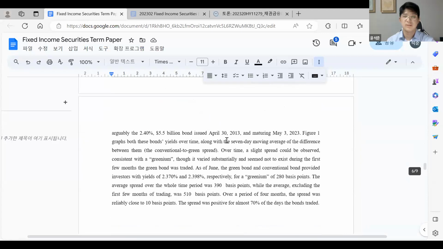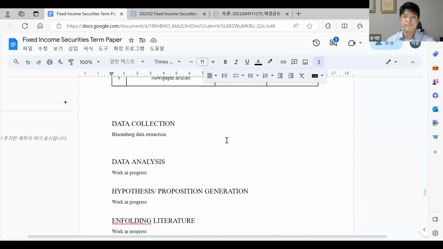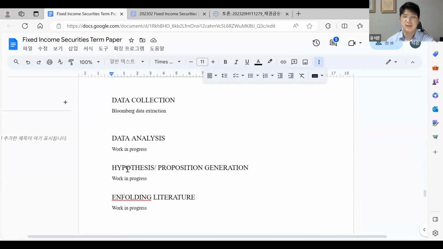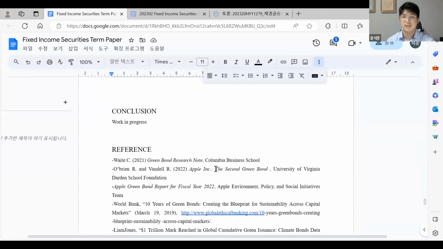So this is about the literature review and the data selection. And then the next things are data collection, data analysis, hypothesis, proposition generation, formula generation, conclusion, and the reference. So let's go back to the presentation file.